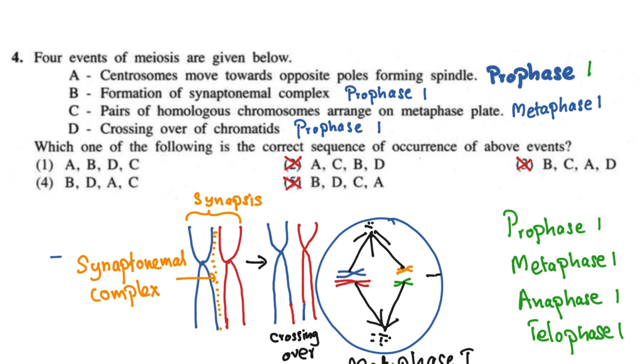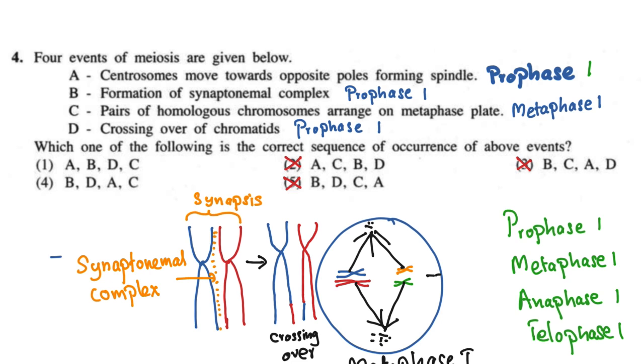But we know that the movement of centrosomes ends towards metaphase 1. So we can think that this should happen after the formation of crossing over, because the movement starts at the beginning or in the middle of prophase 1, but it ends towards the end of prophase 1.